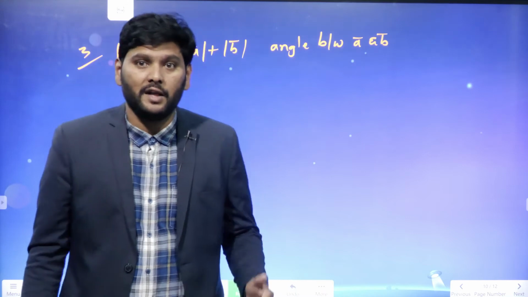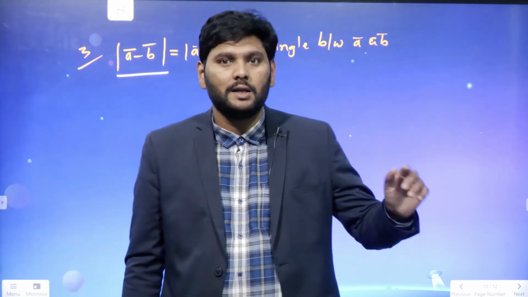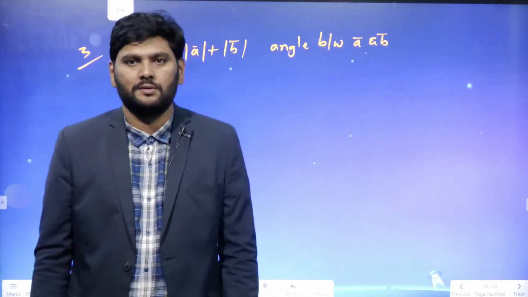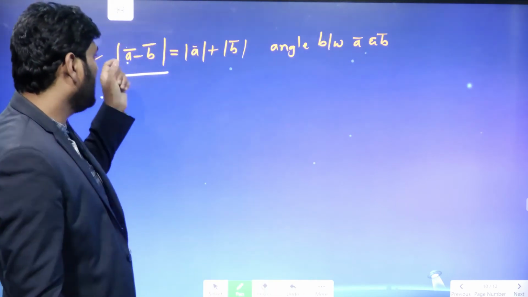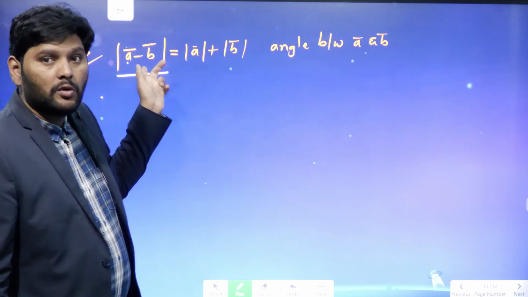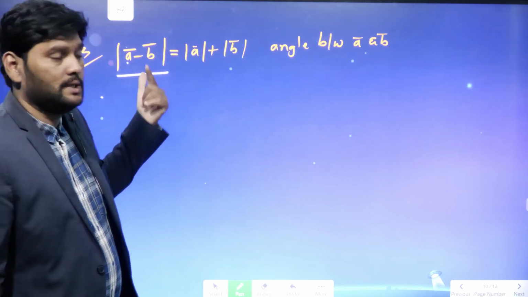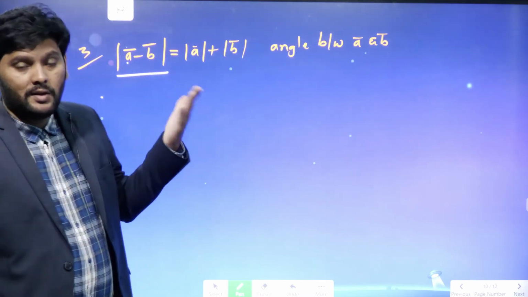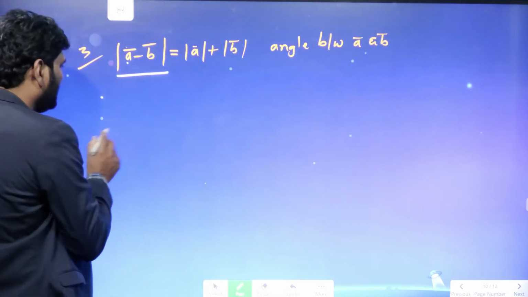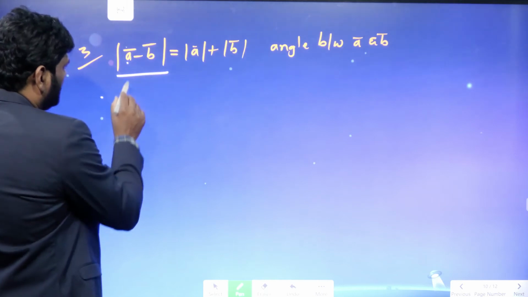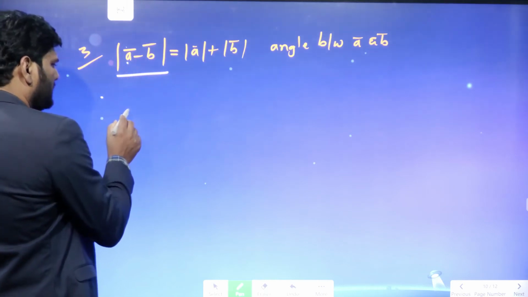Adding a vector with a negative vector is nothing but subtraction. So here also they gave a vector a and we are adding one more vector with a negative sign. That becomes subtraction of vectors. Now here a bar minus b bar, right?